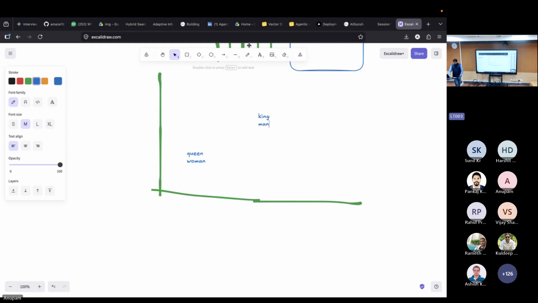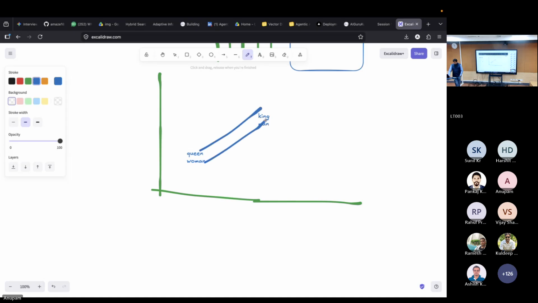Now if I try to represent them as clusters, you would like this to be one cluster and this to be another cluster. Similarly, all the male things you would like lying here, and the feminine words you want to place here. So what I'm doing here is representing these words as vectors in two-dimensional space.